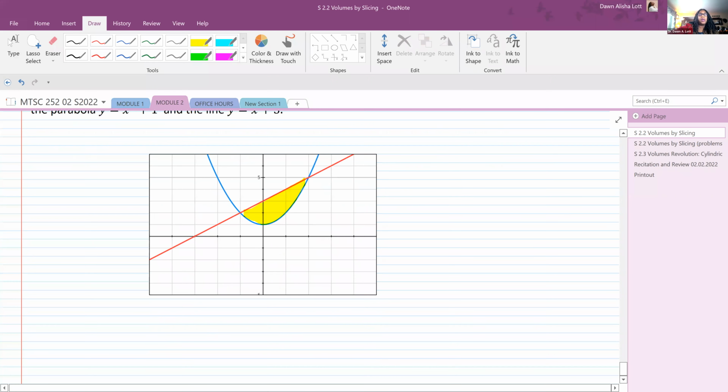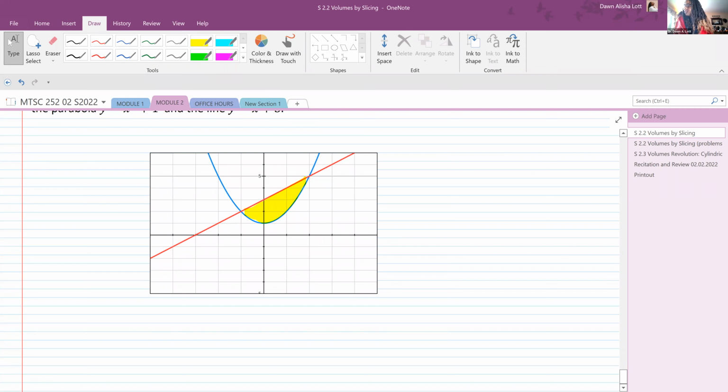All right, so when I revolve it around the x-axis, the line is going to look like this. And then the parabola is going to look, whoa.